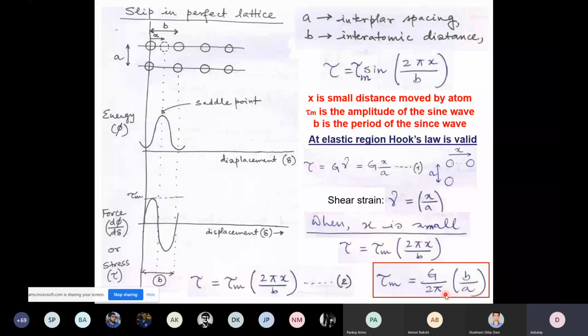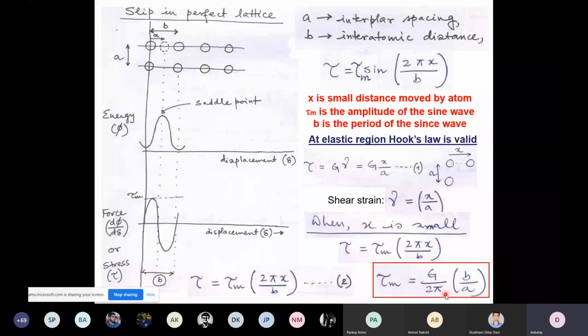So that means something must be causing this difference, and the answer is already there: a large number of defects were present. Already there were dislocations present inside the body.